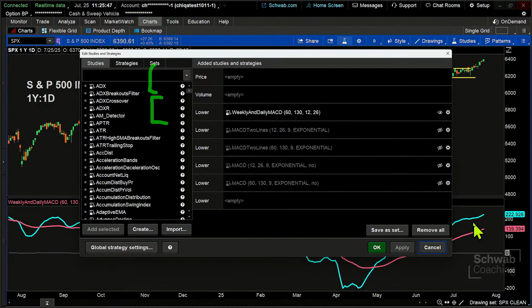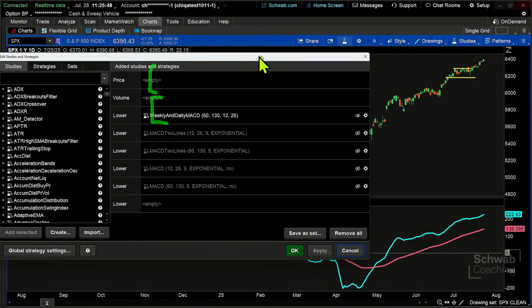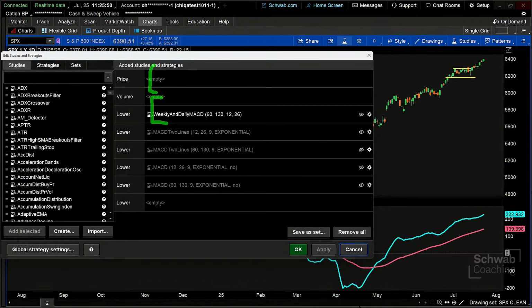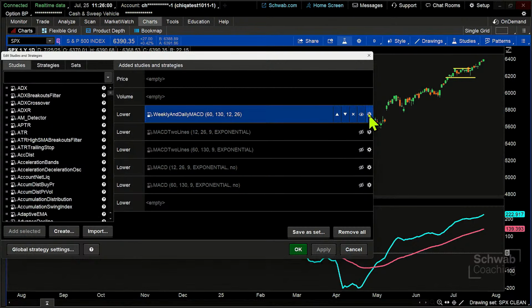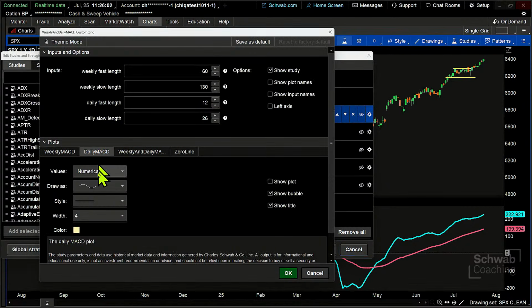But what we're going to do is come in here and turn on, so I'm going to go to that gear icon one more time. We're going to turn on that daily MACD line, the tan line here, so that we can see that additional confirmation. So I'm going to click on OK.